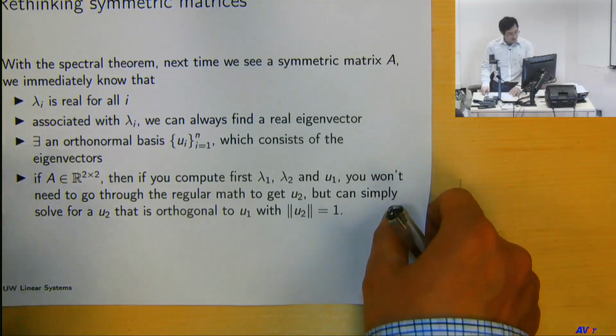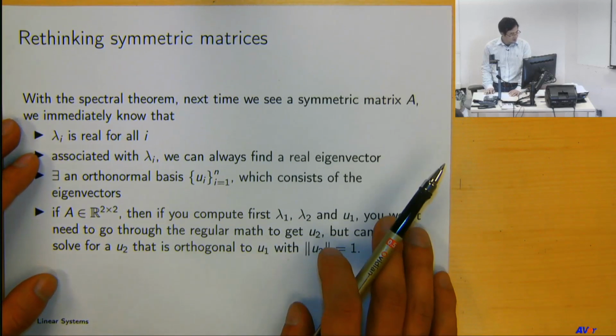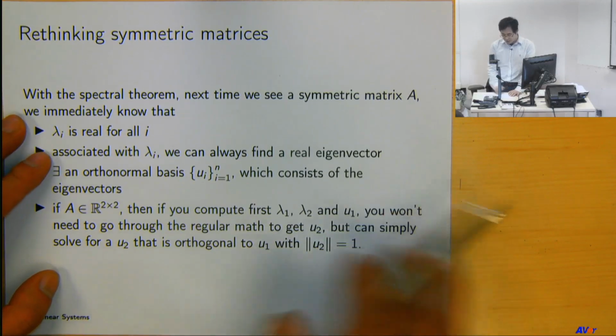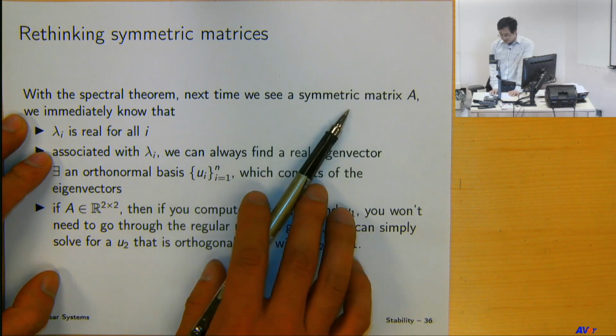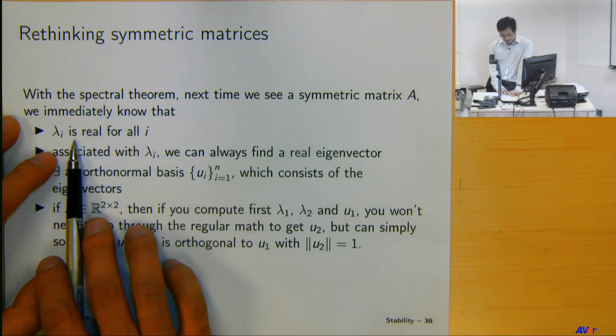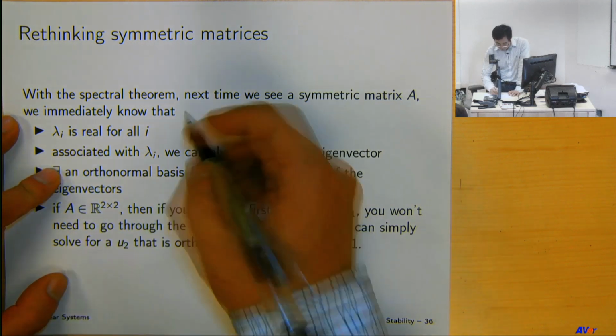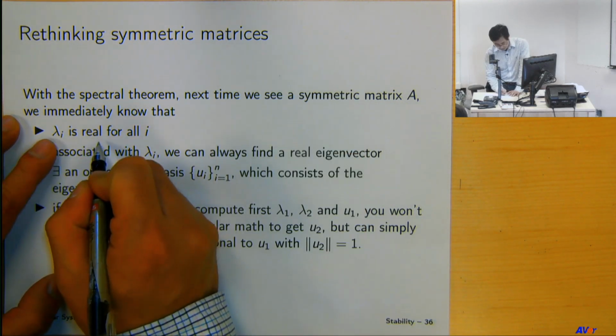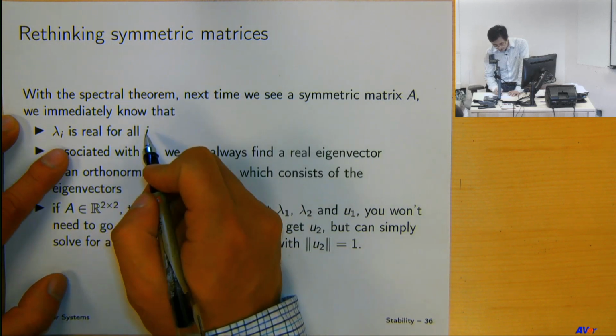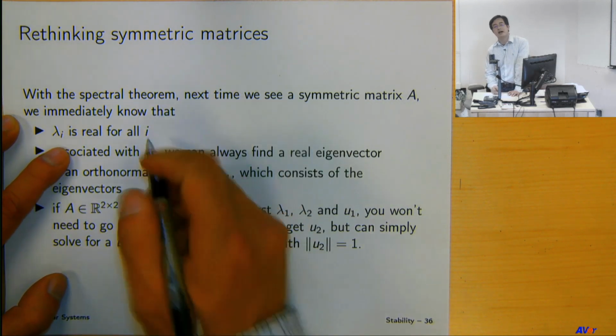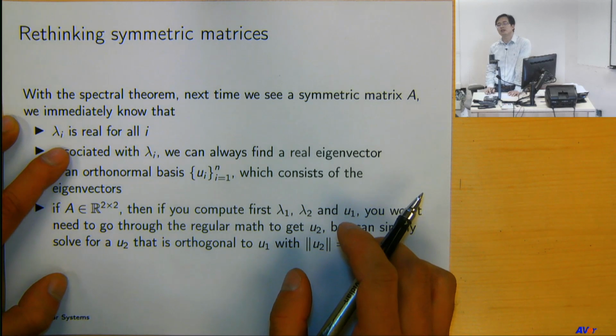All right, so let me ask you one question from this slide. We already know that the next time we see a symmetric matrix, you will know that the eigenvalues for sure are real. All right? So let me ask you, if the eigenvalues are real, and I have a matrix A, can we guarantee that the eigenvectors associated with these eigenvalues are also real?